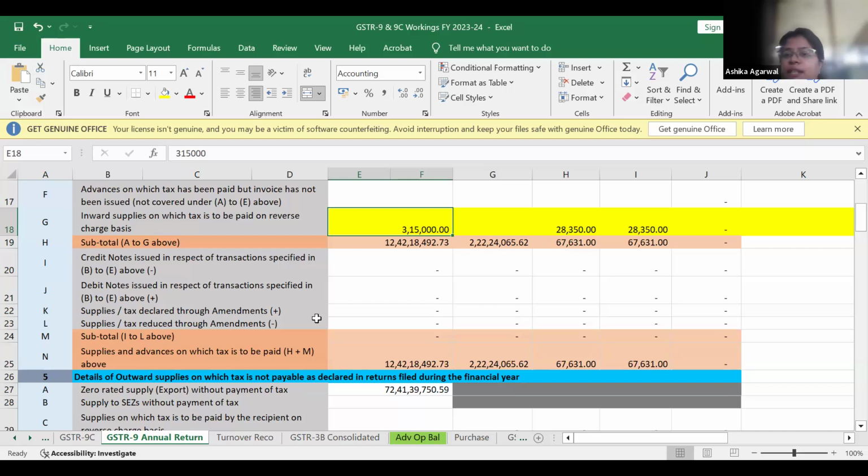Now, they have given a clarification, and that clarification was for past litigation. But if we apply that principle in the present also, for the RCM part, you have to divide it into two parts. One is registered RCM, one is unregistered RCM.